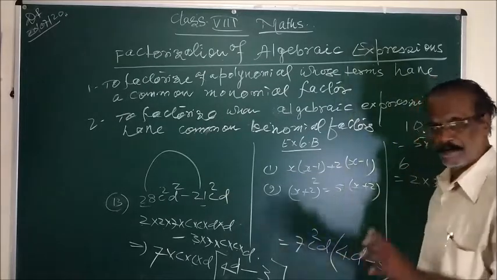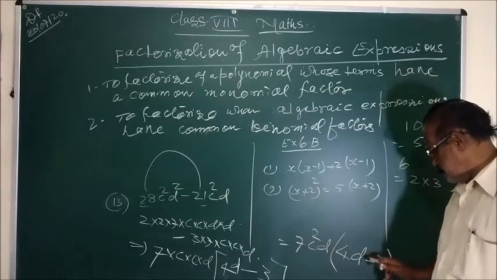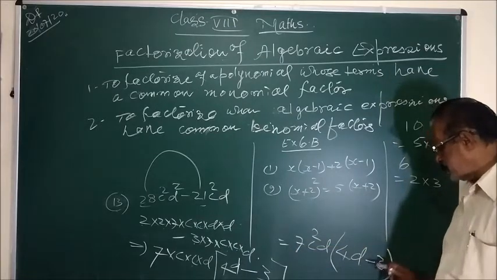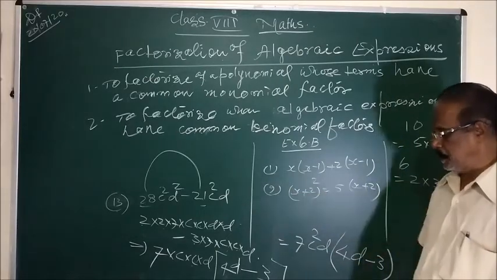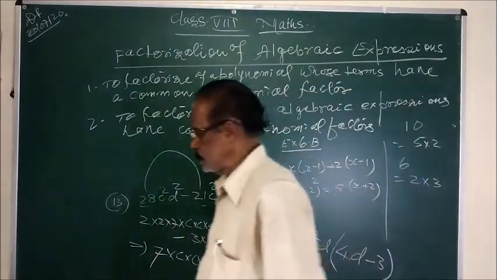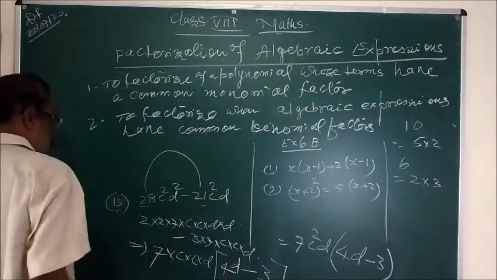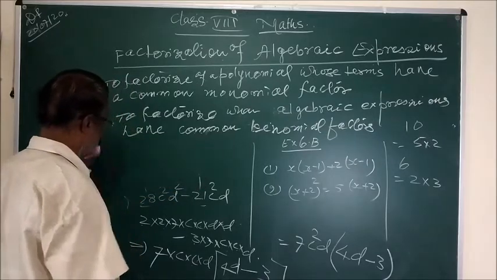We have already 28 C square D square here. Now you multiply this by this. 7 3 are 21, C square D. So my dear, this is the method when a common monomial is common.